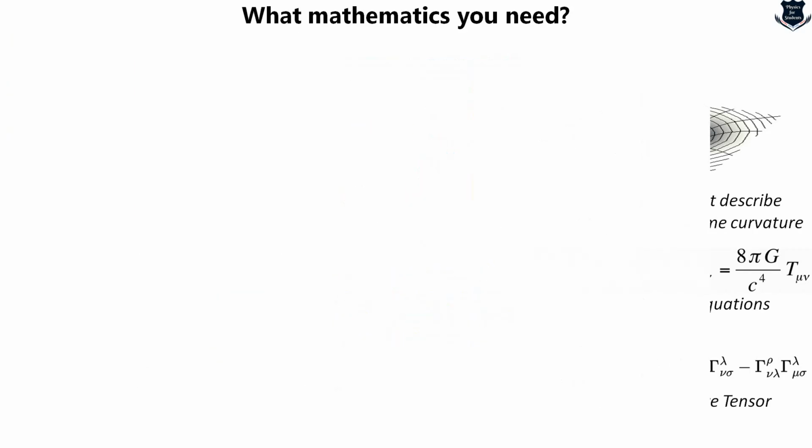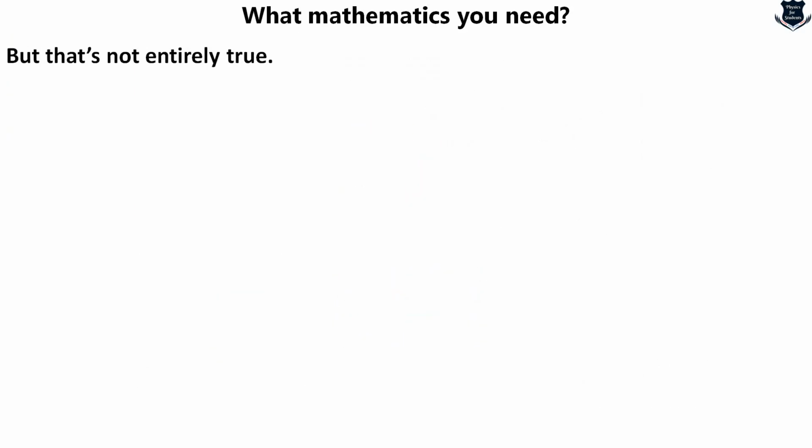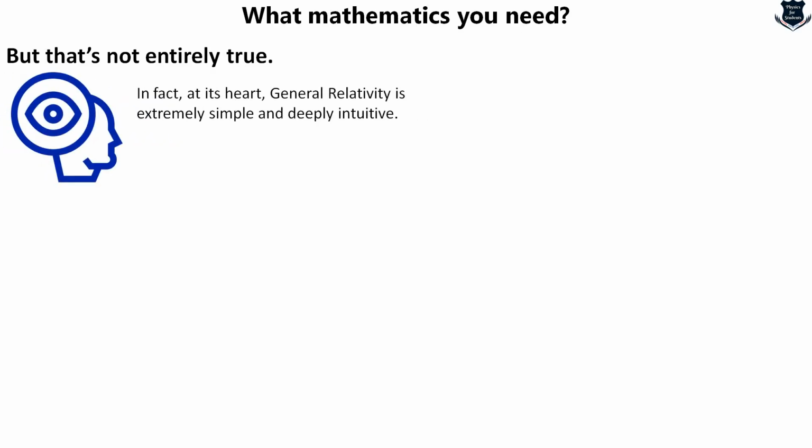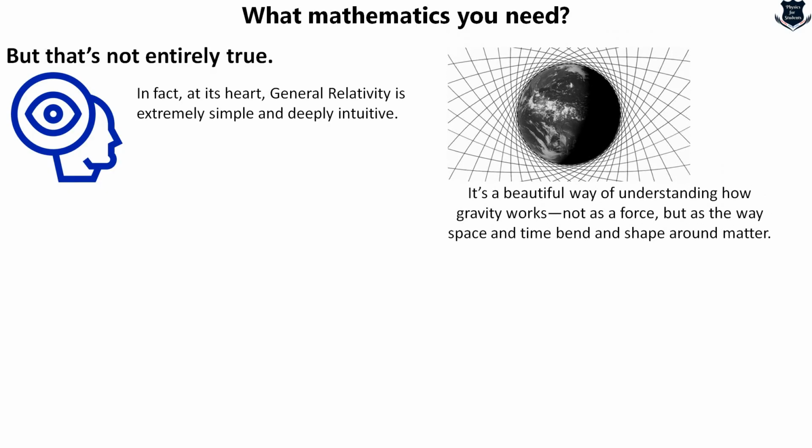Now, what we can understand is that this is not entirely true, because if you go deep in understanding Einstein's field equations of general relativity, it seems that it is extremely simple, and it is very deeply intuitive. All these equations describe how gravity works.